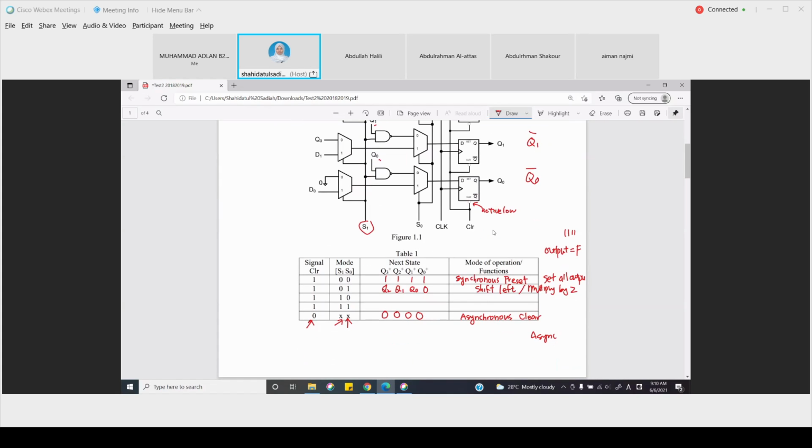So it's actually doing complementing: Q3 bar, Q2 bar, Q1 bar, and Q0 bar. So the operation is complement, or you can say bit inversion.